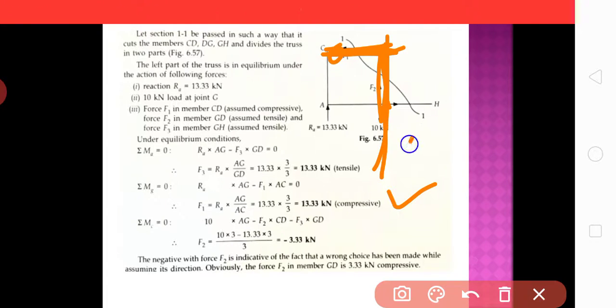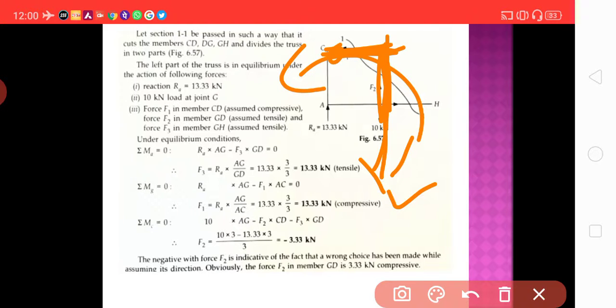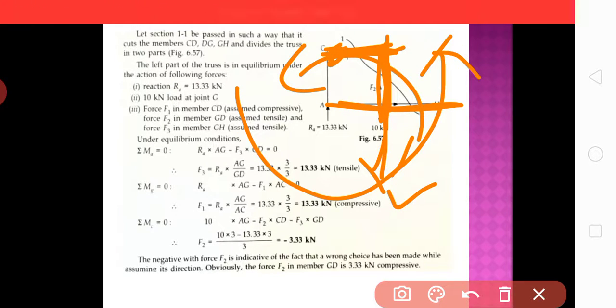Vertical downward is taken positive, so counterclockwise moment is taken as negative. Minus F3 into GD. This F3, about this point, will again give counterclockwise moment. That's why this is again taken negative.